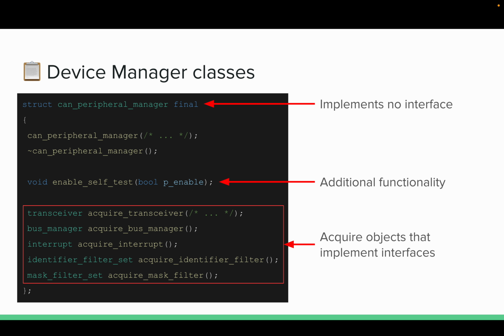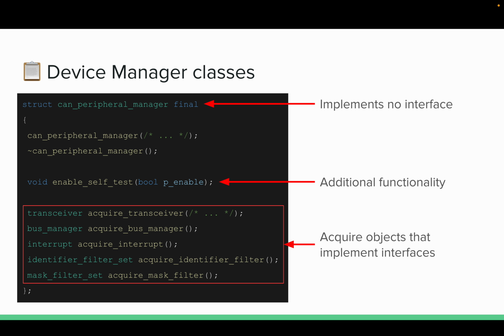So the CAN peripheral manager should do, which it may not do currently. Actually, no, I think it does do this currently. What it'll do is look for any currently freed identifier registers. If it finds the resource that fits it, it will acquire it and then return it back to you.